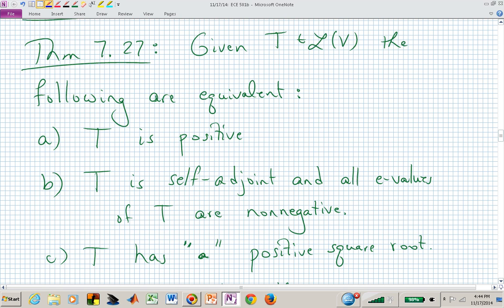So you give me any of those, I can show you that it's equivalent to the other. I may just have to chase my tail a while, but I can show you that it implies the other, whichever one you want to show.